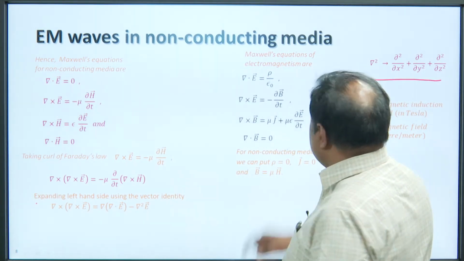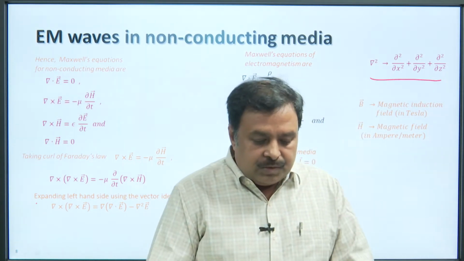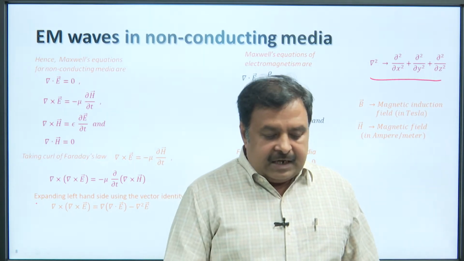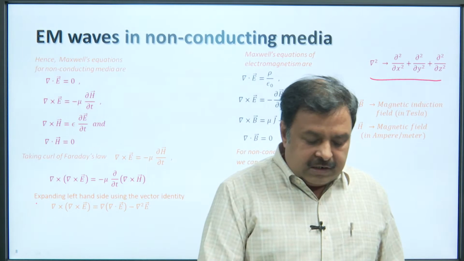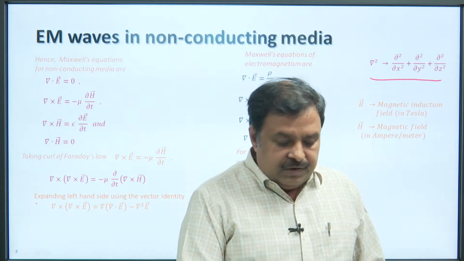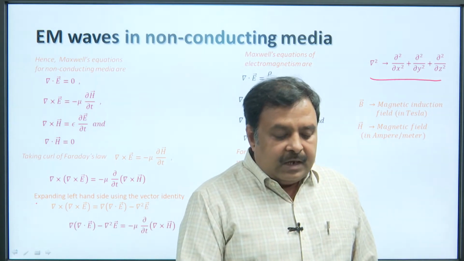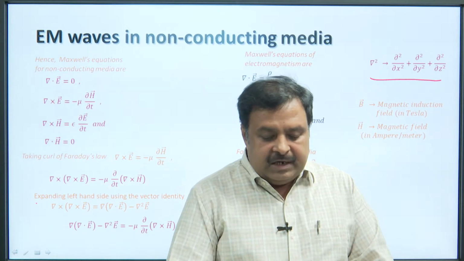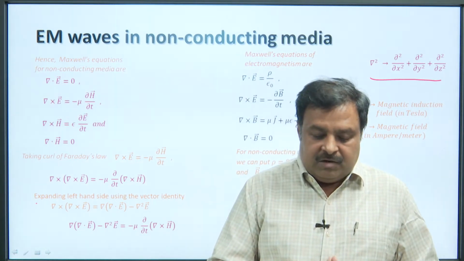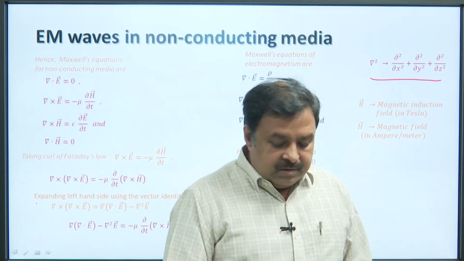So, we can expand the left hand side of the equation curl curl E equal to minus mu delta by delta T of del cross H using this vector identity, and then we get gradient of divergence E minus del square E equal to minus mu delta by delta T of del cross H.